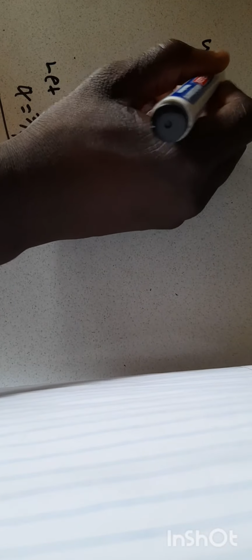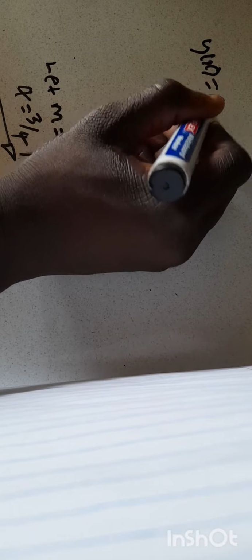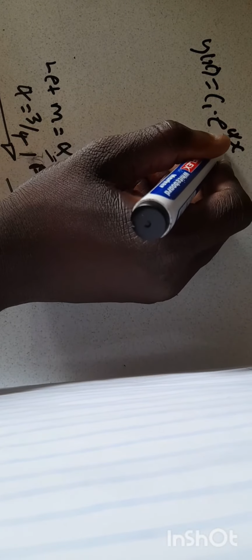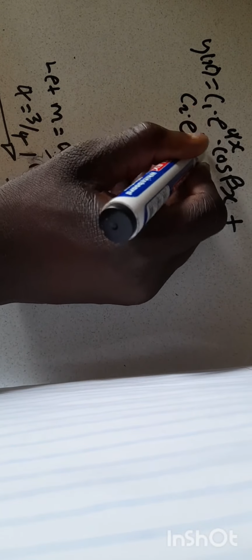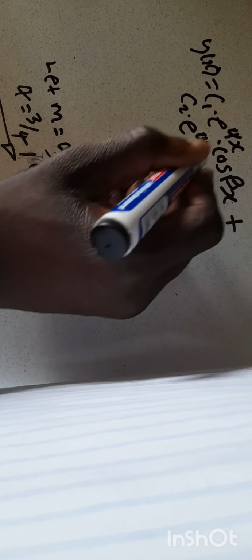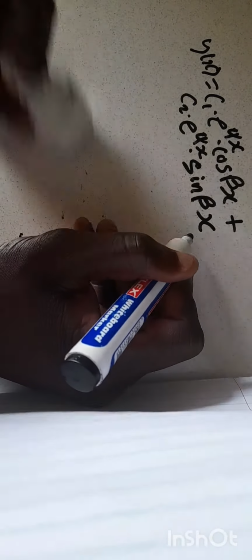So the general solution that I want will be of this form: y equals c1 times e to the alpha x times cos beta x, plus c2 times e to the alpha x times sine beta x.